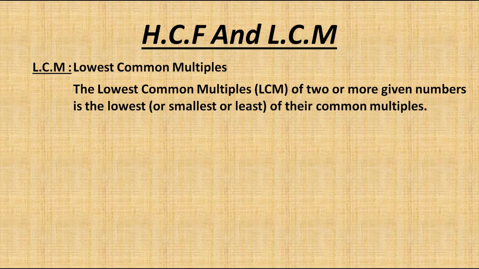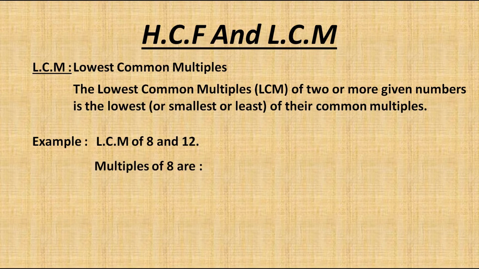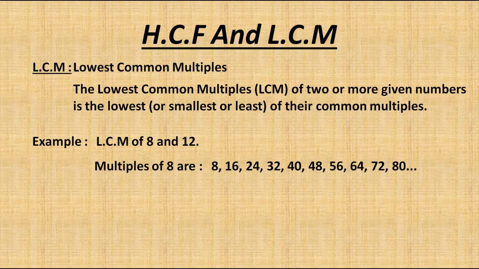Okay, now let's find the LCM of 8 and 12. Okay, so multiples of 8. As we know, multiples are infinite, so here I am taking the first 10 multiples of 8. Okay, and multiples of 12 also I am taking the first 10.